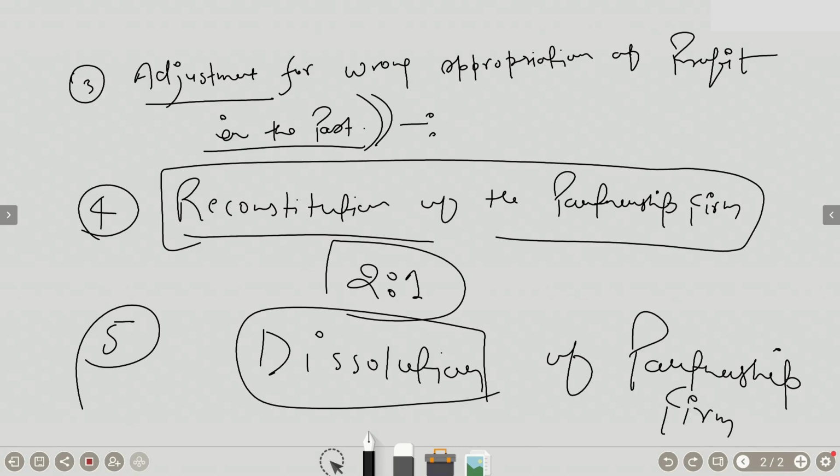This is another special aspect of partnership accounting, and this is a separate chapter in this particular unit. Whatever special aspects we studied today each have a separate chapter in this unit.